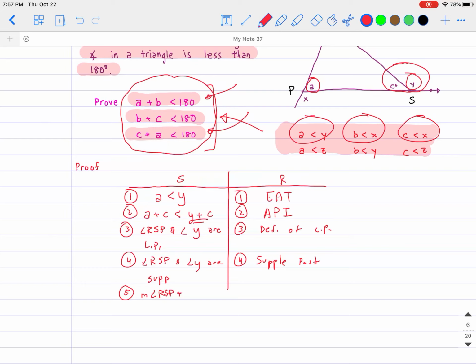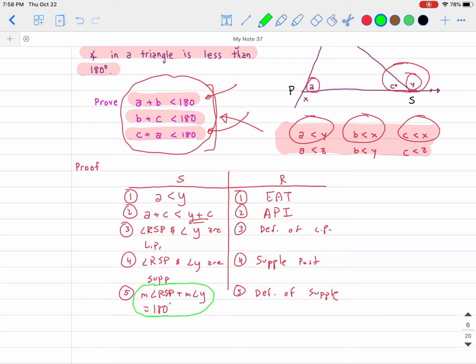Just in case you're wondering whether I messed up on the technicality, the answer is yes, I actually did that. So next, the measurement of RSP is added with the measurement of Y, and that is equal to 180 degrees because of the definition of supplementary.